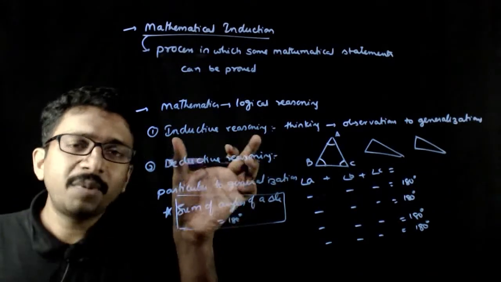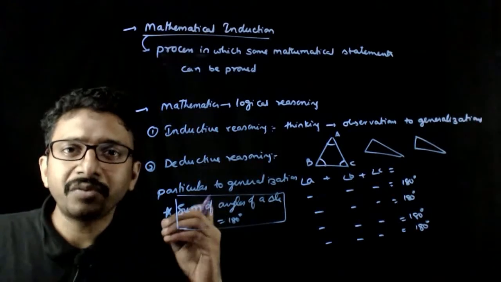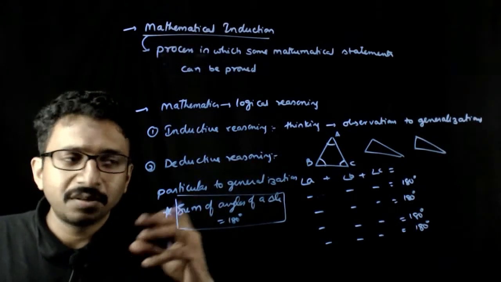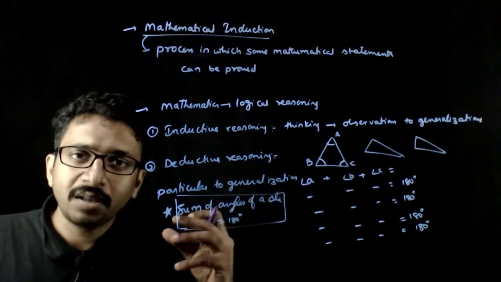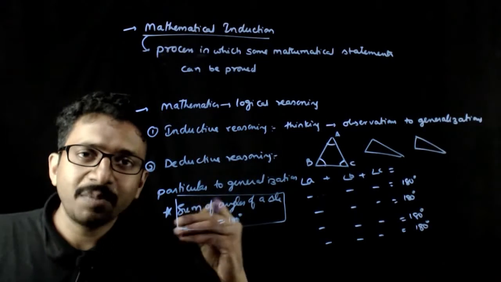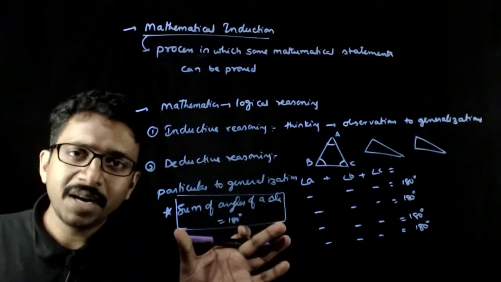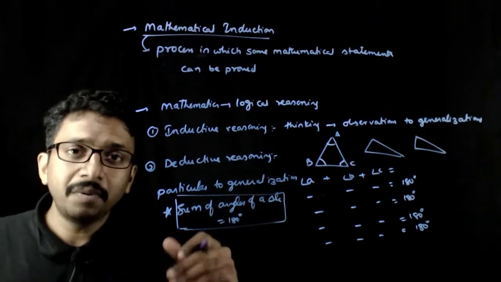But this type of inductive reasoning leads us to intuitive conclusions. From the patterns that you observe around the world, you guess that something might happen. The statements that you get by inductive reasoning may or may not be true.